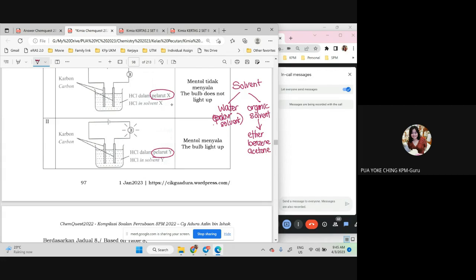Okay, use this one. Don't use alcohol. Alcohol usually is rejected as the organic solvent because usually our alcohol contains some water. Okay, because it's not pure alcohol. If you want to write alcohol, then you will need to have absolute alcohol.